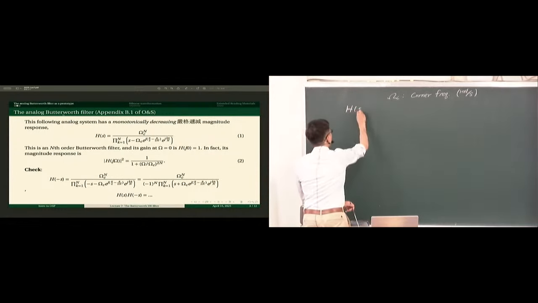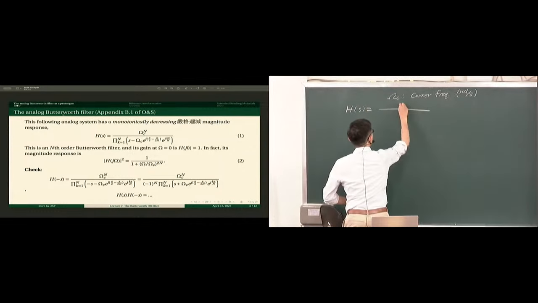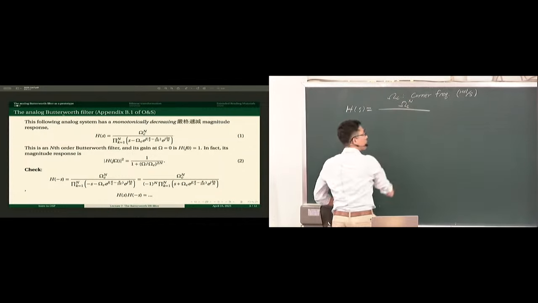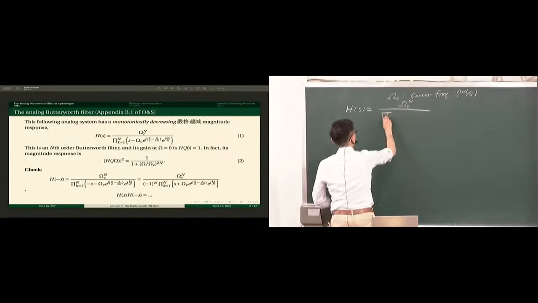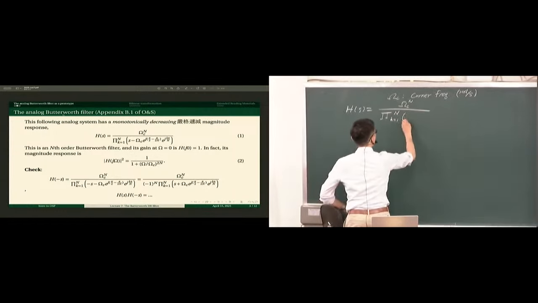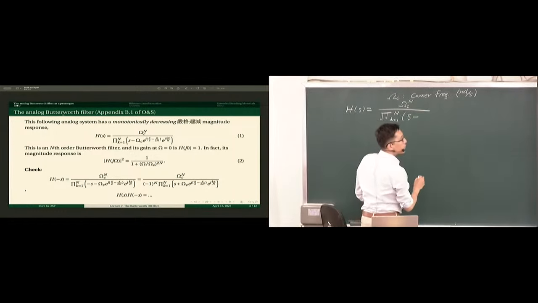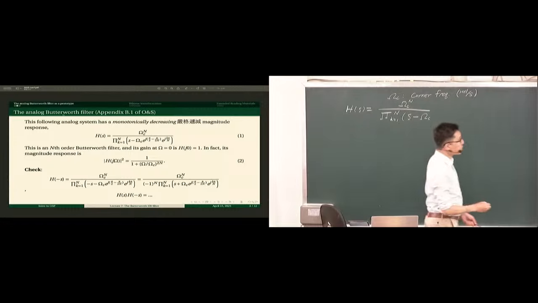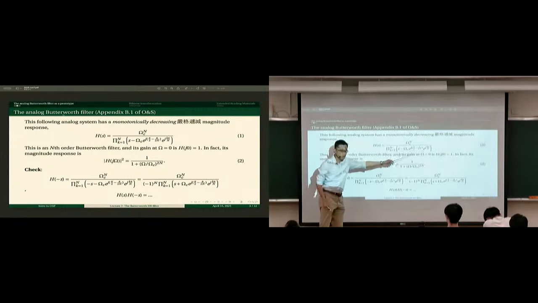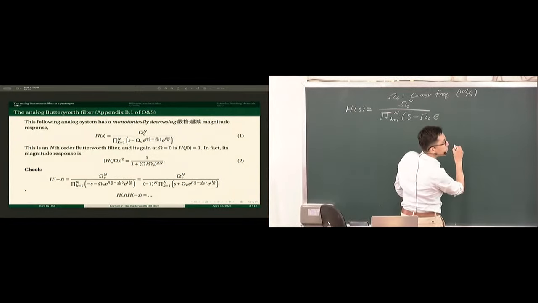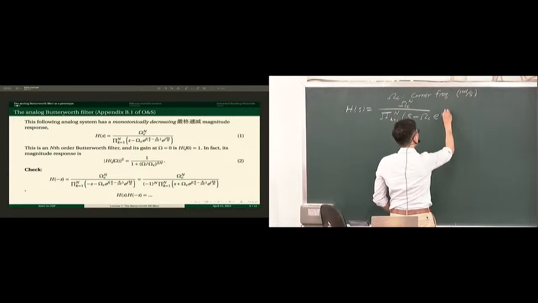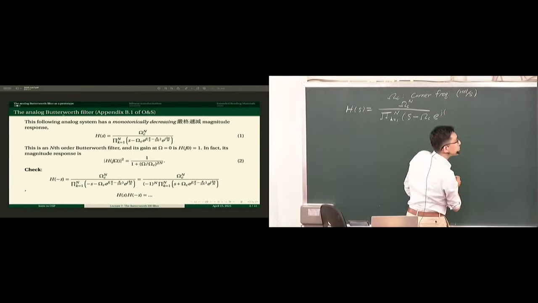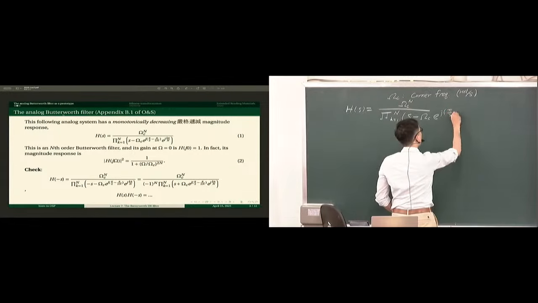H of s equals a constant, omega c to the Nth power, not that important, and the product, k from 1 to big N, of s minus each root, which can be written as omega c times each of the something, e to the j, pi over 2 plus.